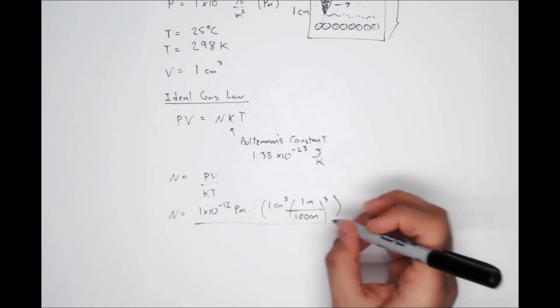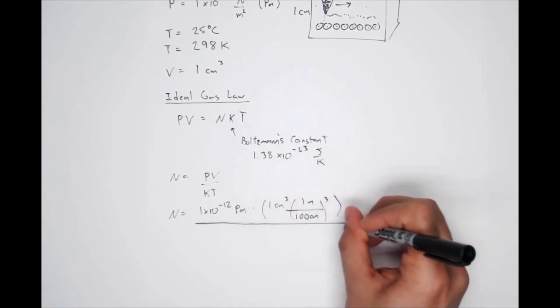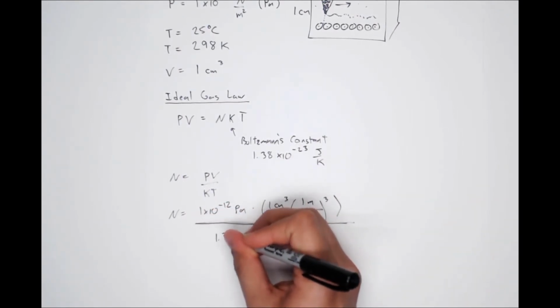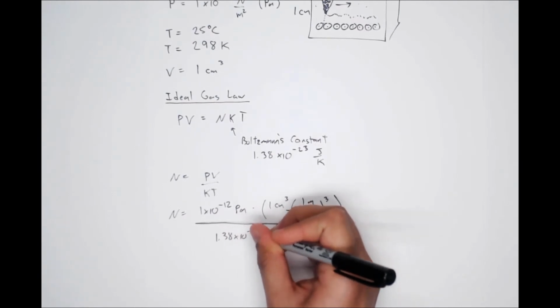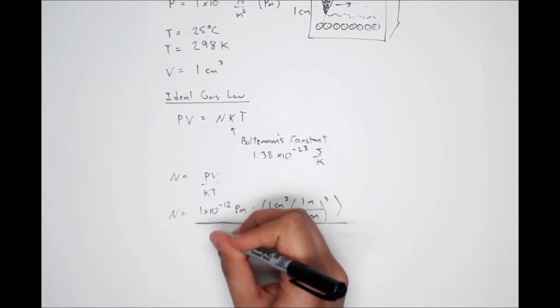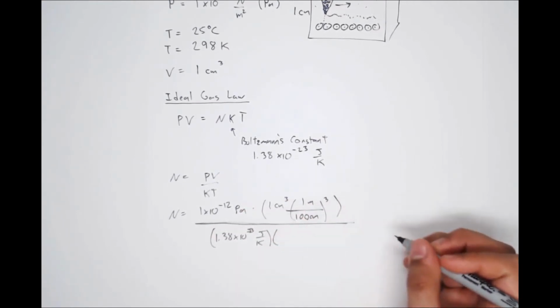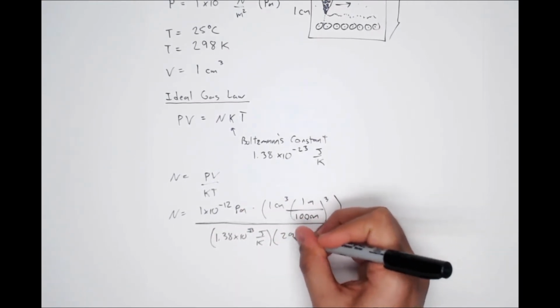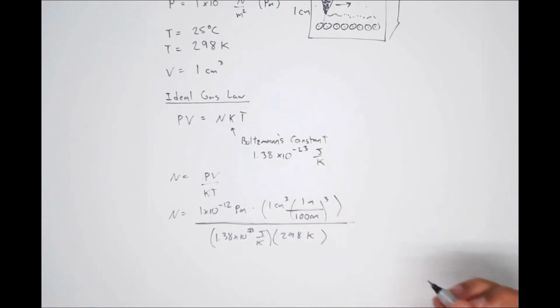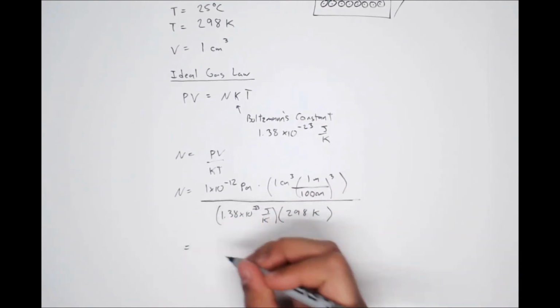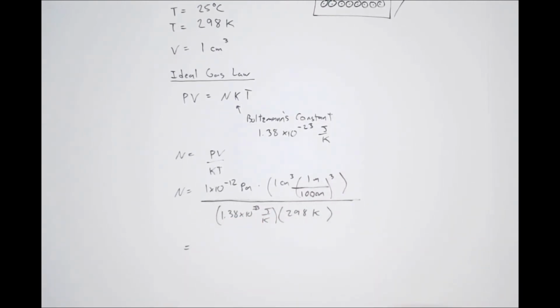And then over here, we're going to have Boltzmann's constant, 1.38 × 10^-23 joules per Kelvin. And the temperature here is 298 K. So if you plug all those numbers in, we will get a nice large number.